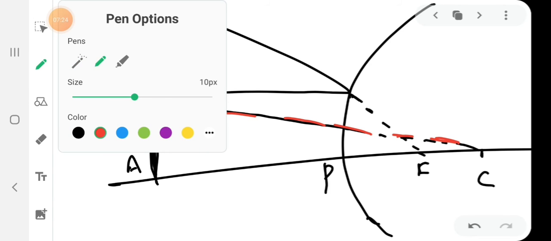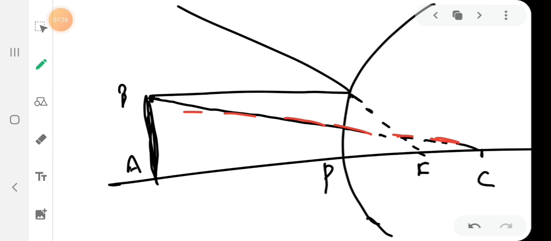Okay, so now the important thing is over here. The point of intersection we get of both rays is here at point B dash. Draw a perpendicular from B dash up to the principal axis, and let us give that point the name A dash. So now if our real object is AB, then our image is A dash B dash.